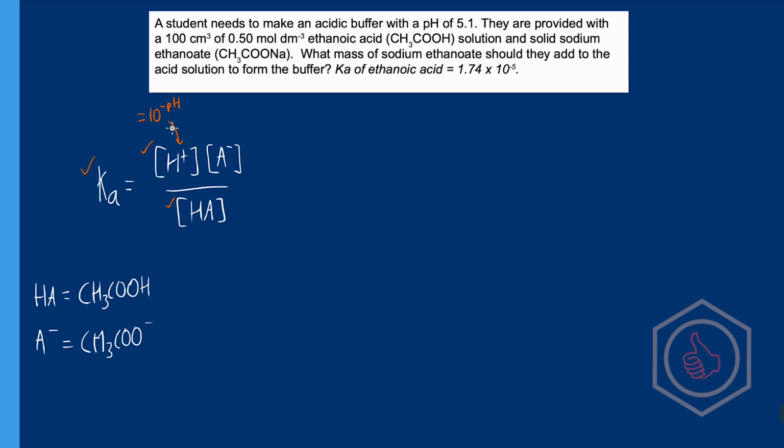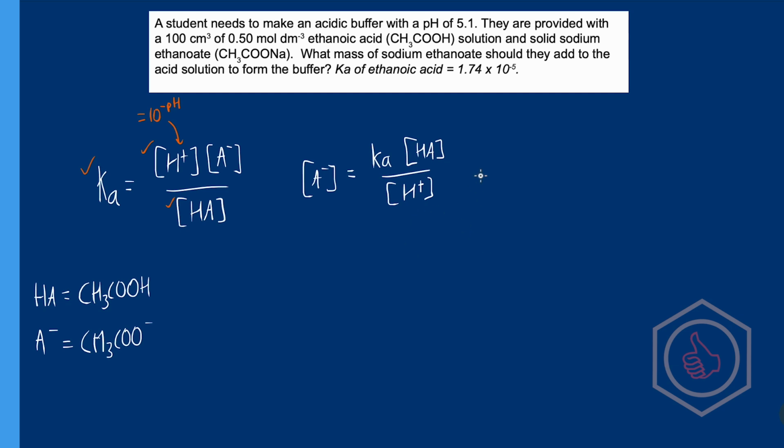Now we can rearrange this Ka expression to give concentration of A- equals Ka times concentration of HA divided by concentration of H+. And once we know the concentration of this A- ion, we can figure out the mass of sodium ethanoate that should be added to give this concentration, because the sodium ethanoate dissociates to release ethanoate ions.